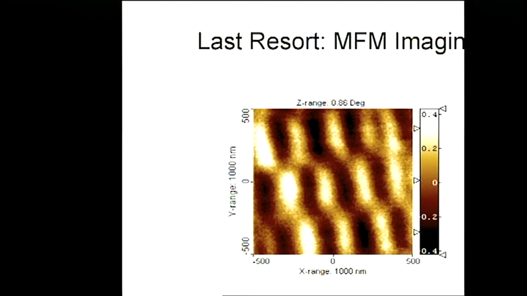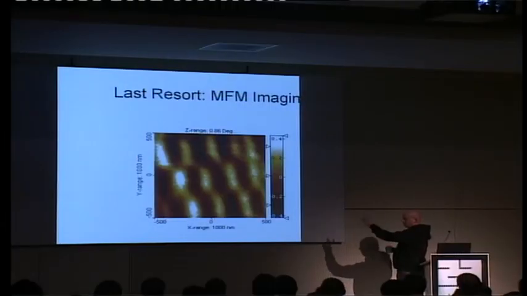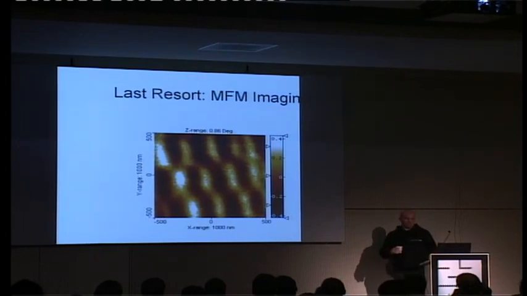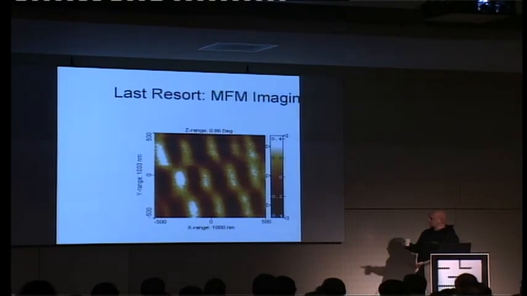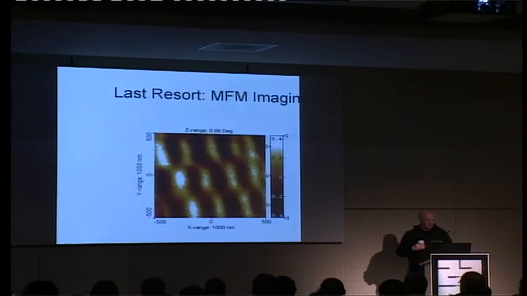The range here is 1 micron by 1 micron, and on this drive you have 3 tracks per micron. The tracks are horizontal, almost horizontal, and those vertical bars are the actual magnetic transitions written to the media. That picture was taken with a Veeco Dimension MFM.